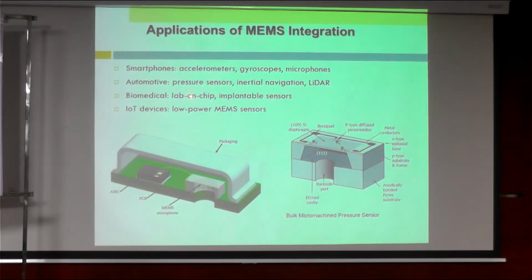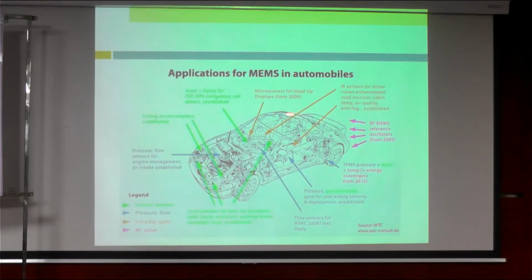Then you have biomedical lab on chip, for example, and IoT device, low power MEMS sensors. So these are examples of MEMS that are commonly used nowadays, but we are not aware of it because it's somewhere out of our sight. In automobile applications, a lot of MEMS devices can be found.